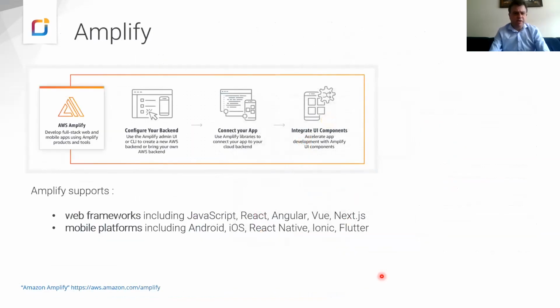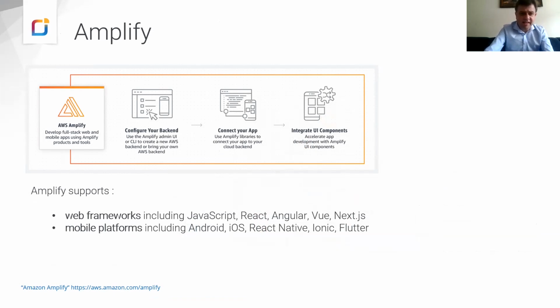Another possibility to write less code is to use the Amplify framework. This is a framework which allows you to write applications quickly using AWS services, but also using web frameworks, JavaScript, React, and also mobile platforms like Android, iOS, or hybrid, and also Flutter and so on.